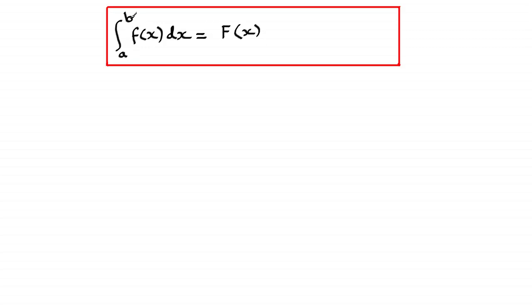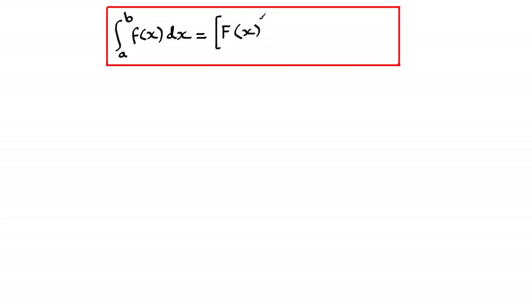A and b are generally numbers, and what this means is that we integrate f of x in the usual way as we did in the Integration 1 tutorials, and when we get our integral here, this time we put some square brackets around it.